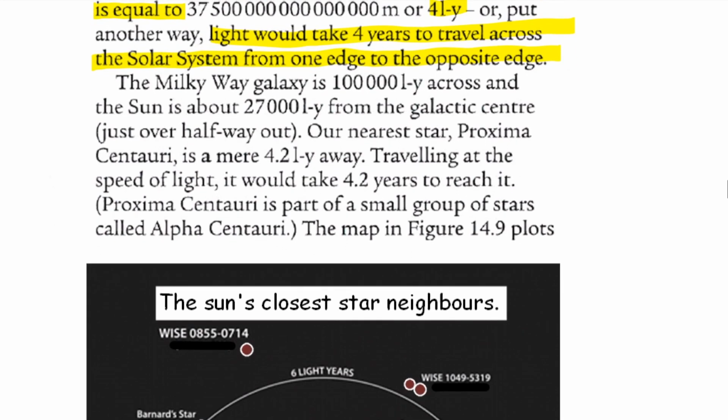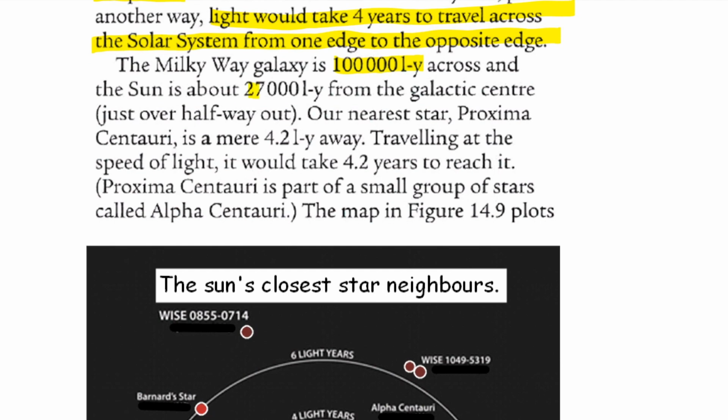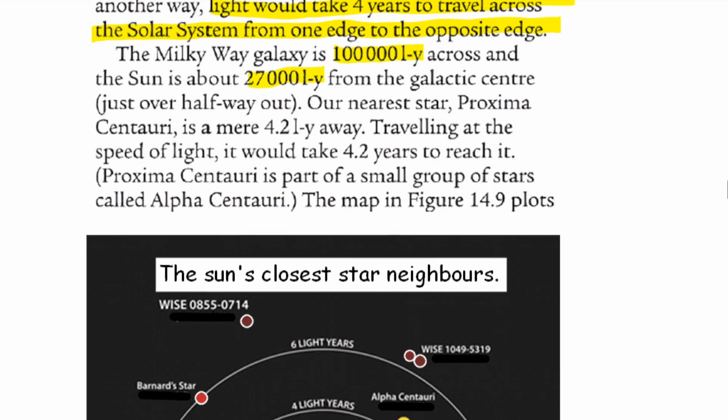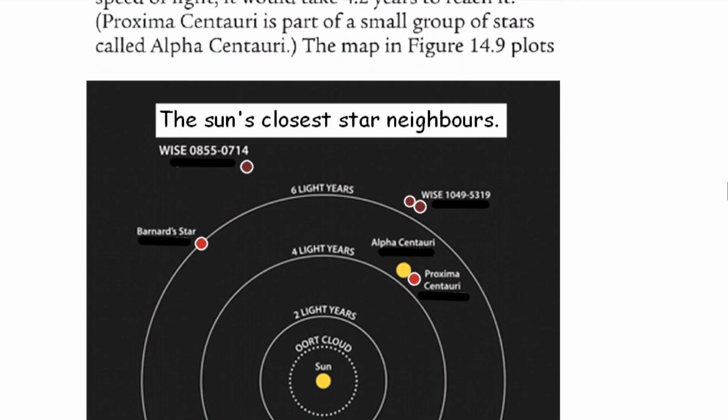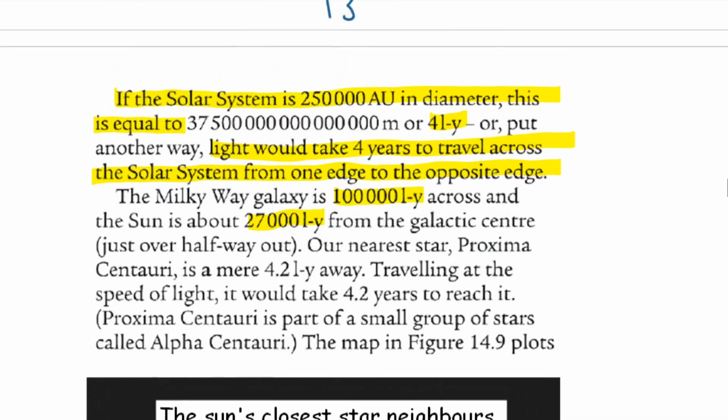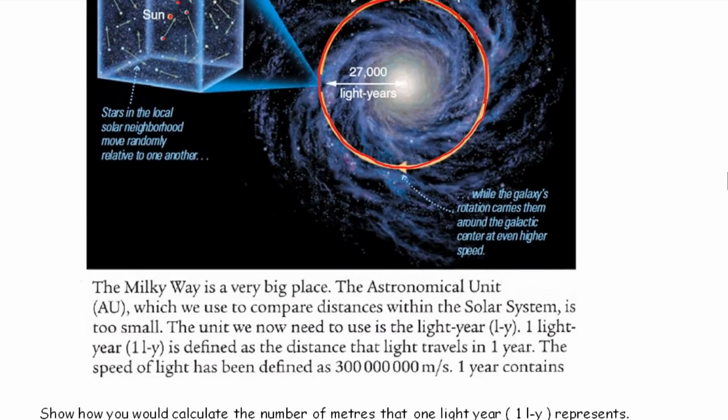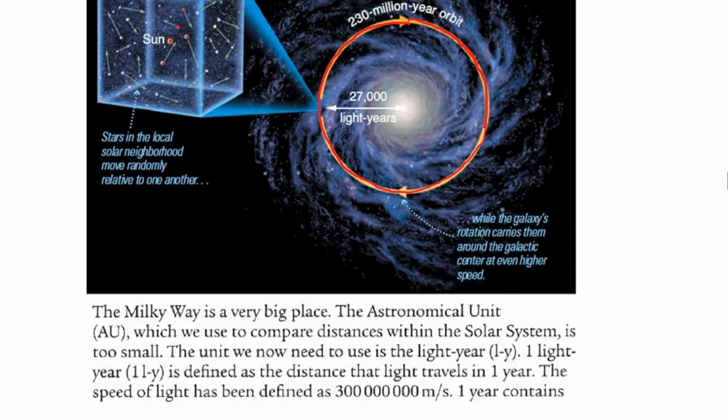The Milky Way is 100,000 light years across, and the Sun is 27,000 light years from the galactic centre. Which, remember, the galactic centre is here.